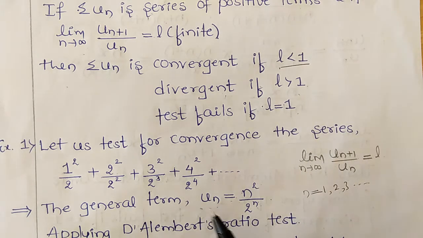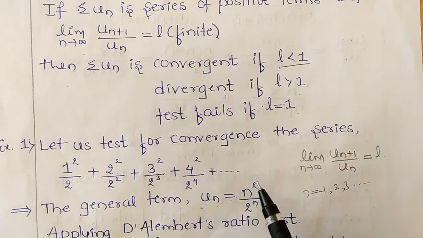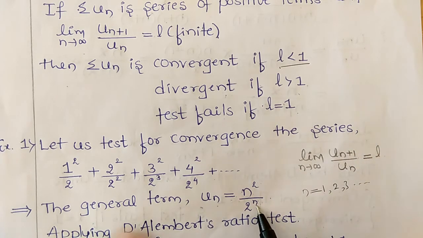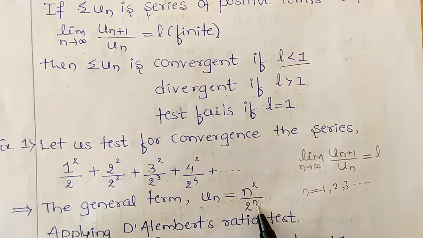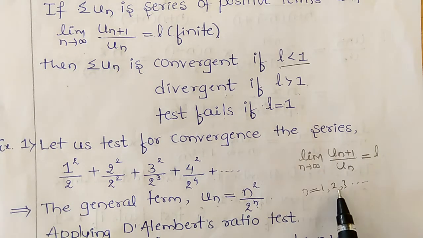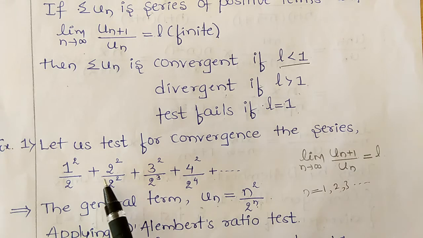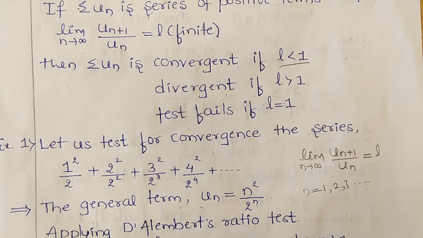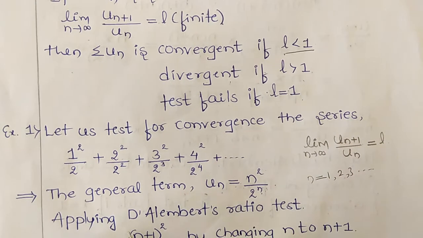So the general term is un equal to n square divided by 2 raised to n. If n equals 1, we get 1 square by 2. If n is equal to 2, we get 2 square by 2 raised to 2, like that. So the un value is correct.